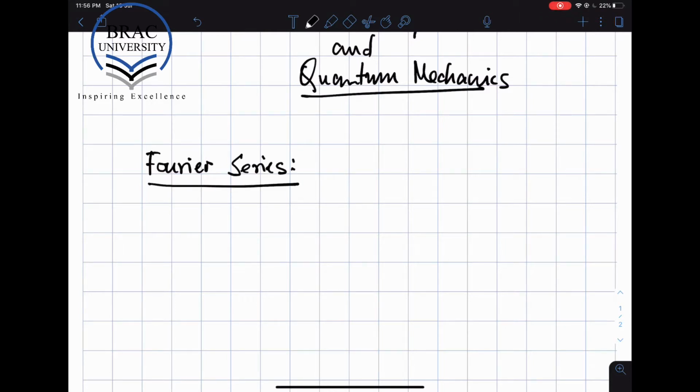So what is Fourier series? Consider a real function, and we shall be generalizing to complex functions readily. I'm going to call my real function not phi of x, but psi of x, defined in some interval on the real line between minus L by 2 and plus L by 2.